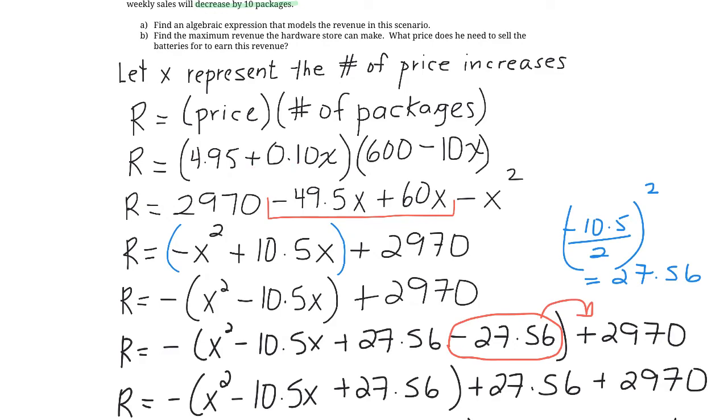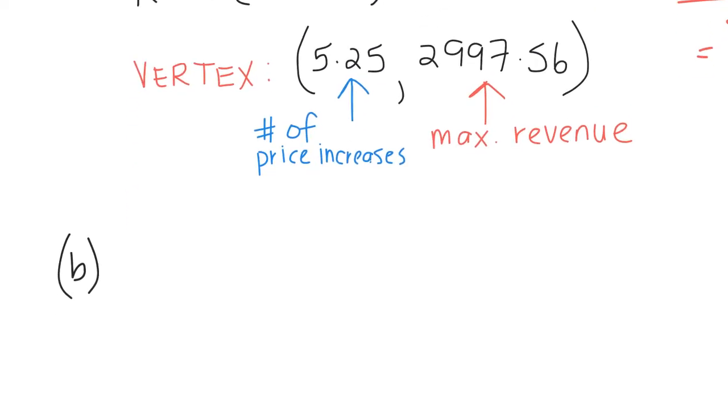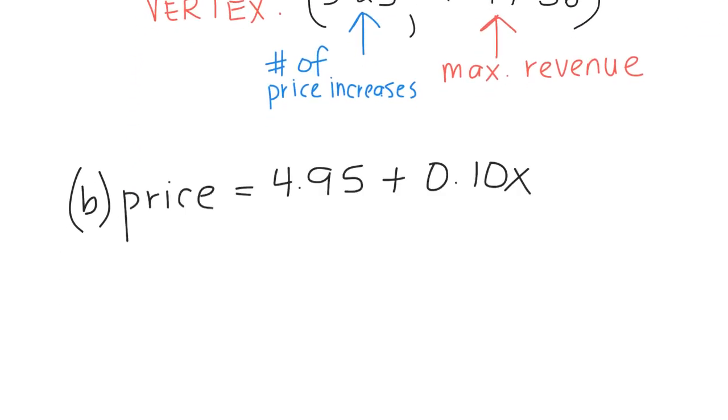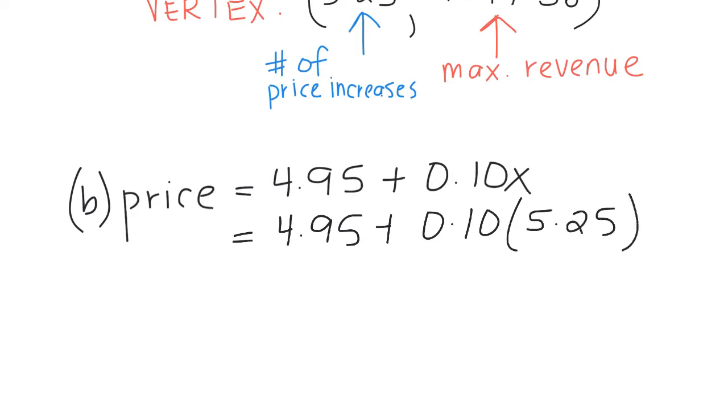So what I'm going to go ahead and do is recopy that down here, and in the place of x, I can substitute what I know about the number of increases, which is that it has to increase 5.25 times. So if I go ahead and calculate this, I'm going to get an answer of 5.48.